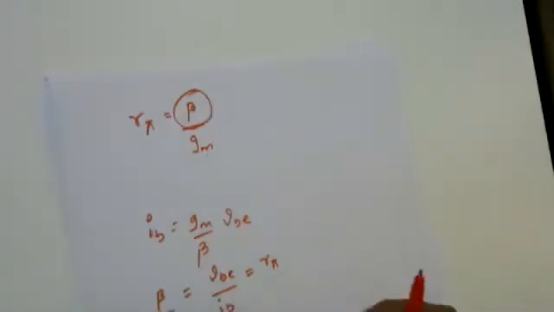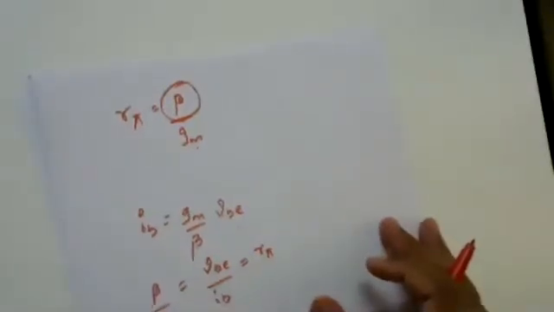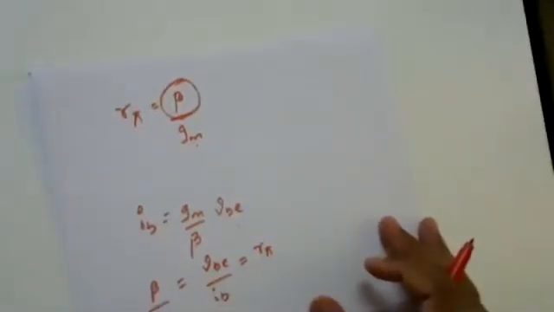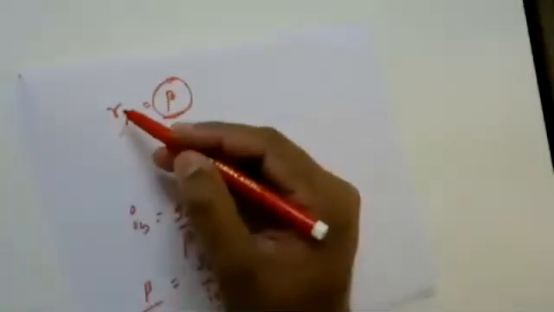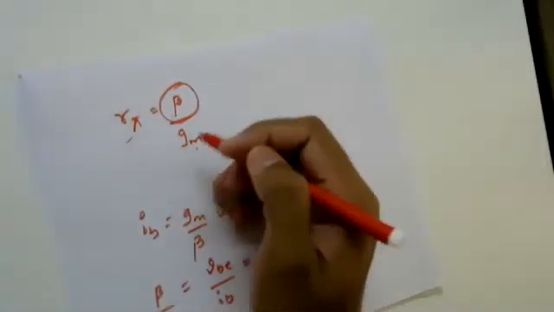However, we are able to get an equation for the resistance between the base and emitter, denoted by R pi equals beta divided by Gm.